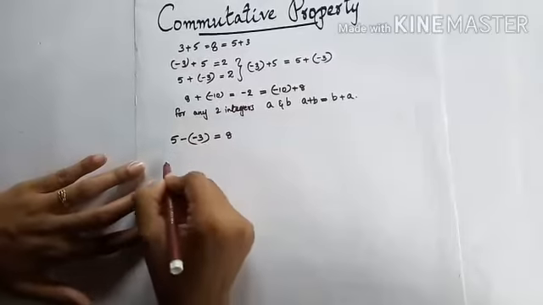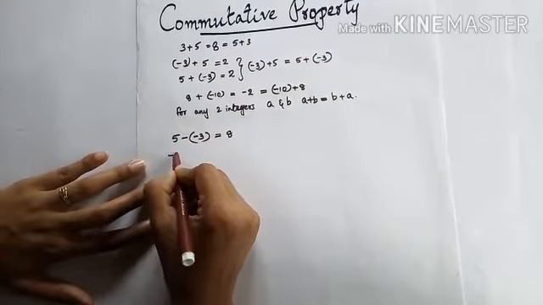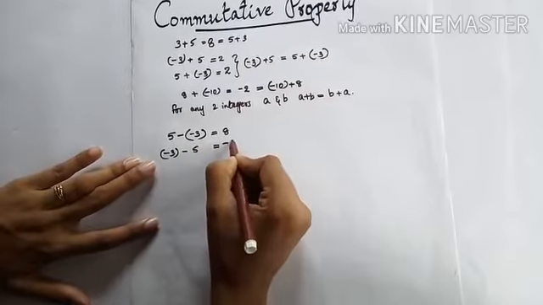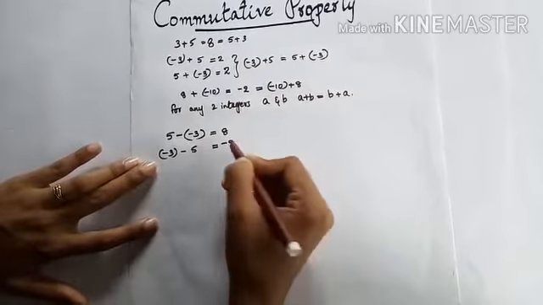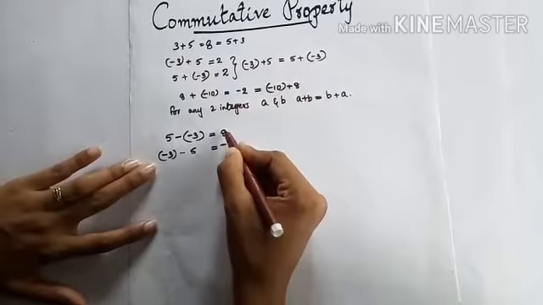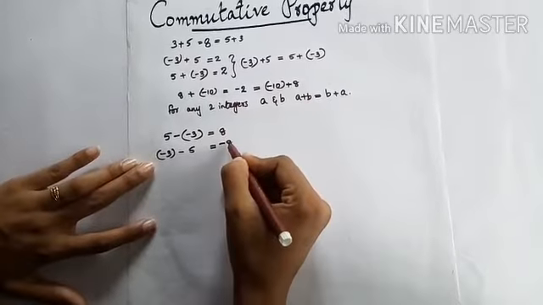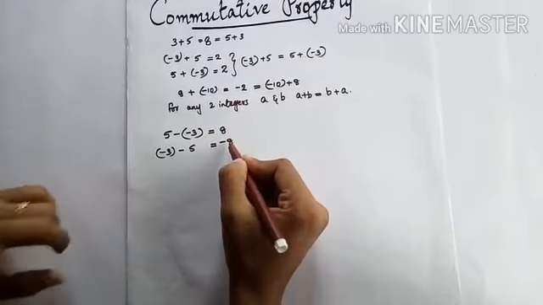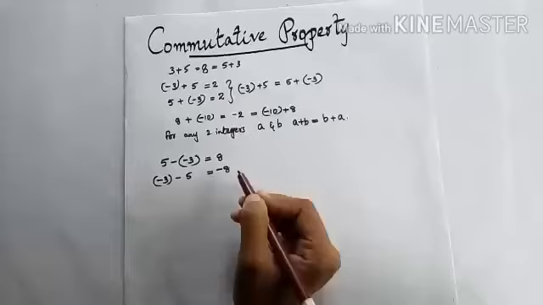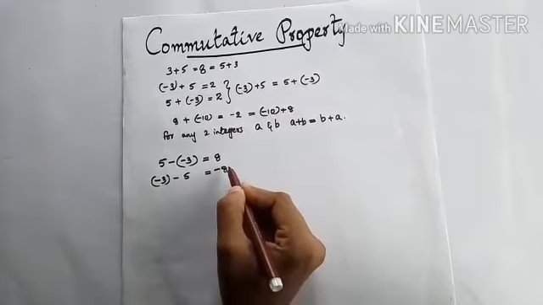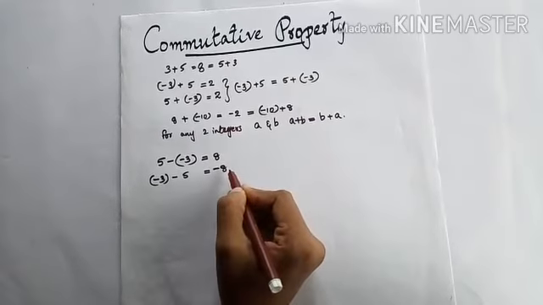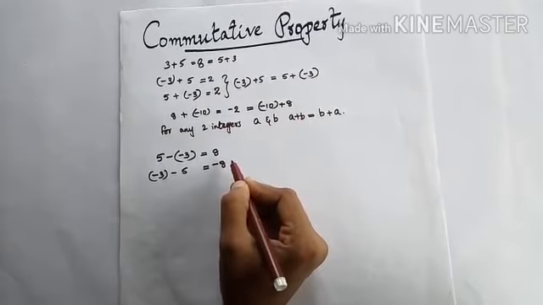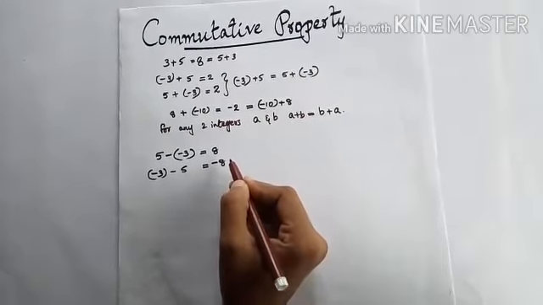Now when we write it in the reverse order, that is -3 minus 5, we will get the answer as -8. Both of these are different, isn't it? Is 8 and -8 the same? No. So we can say that subtraction is not commutative for integers.